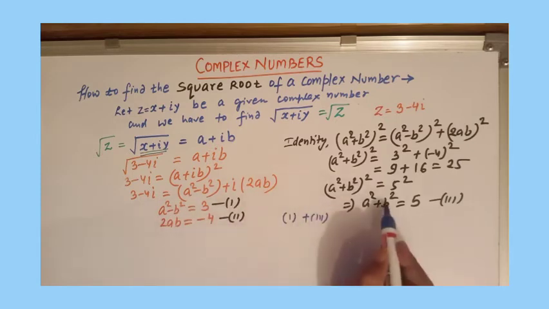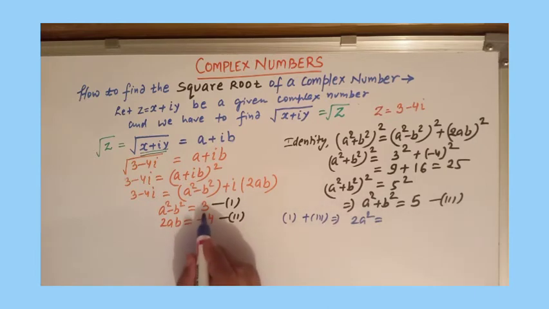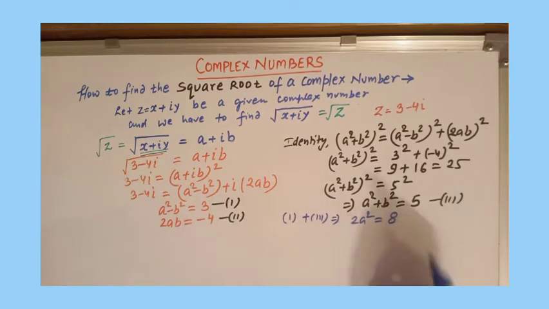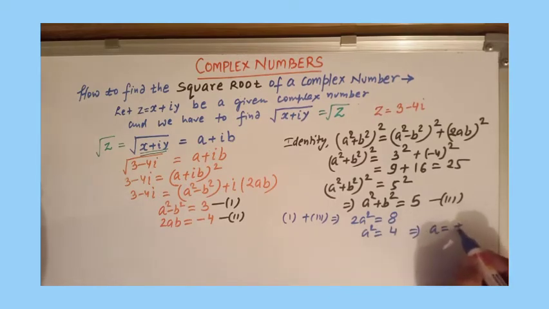So b square and b square get cancelled. A square plus a square is equal to 2a square, and we have 3 plus 5, that is equal to 8. Now a square is equal to 4 and a is equal to plus minus 2.